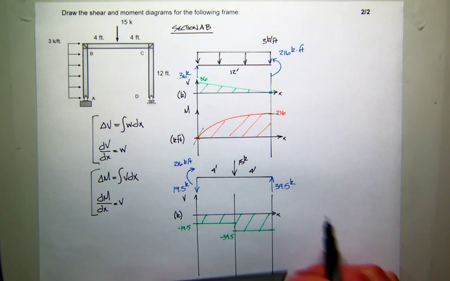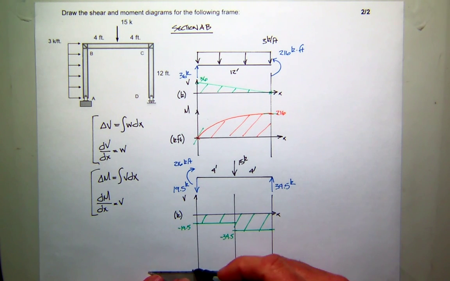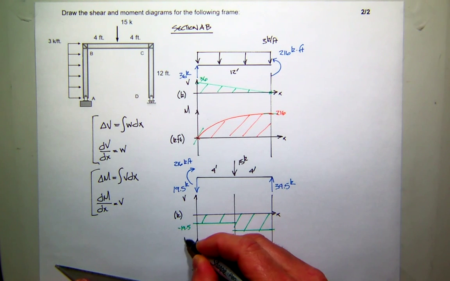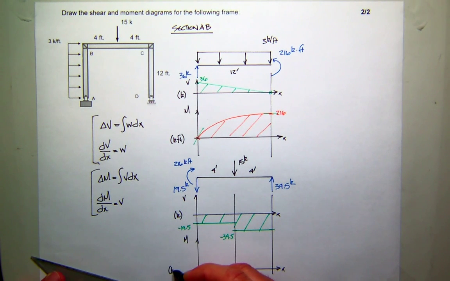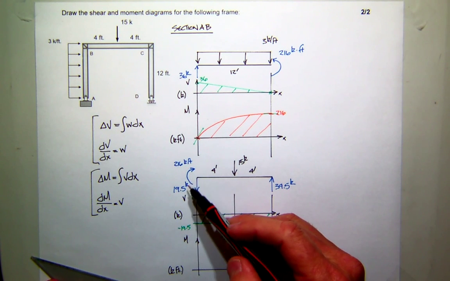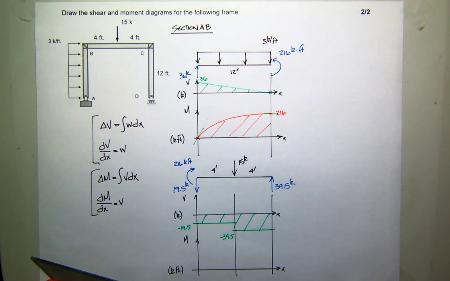Now the last one we'll draw will be the moment diagram with units, kips, and feet. Is it still visible? Yeah, it's still visible. So we're going to start off with what's our moment at B? Looks like it's 216. Is that a positive moment or a negative moment?